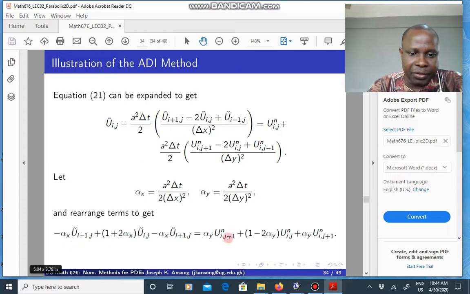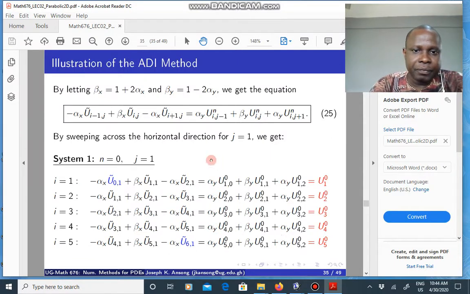I can simplify this further by letting this term be some beta x, and this term be some beta y, and then I end up with equation 25. So the equation for the first step, solving for U tilde, is actually equation 25.